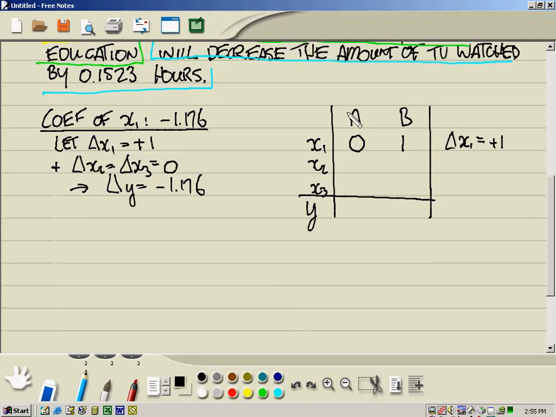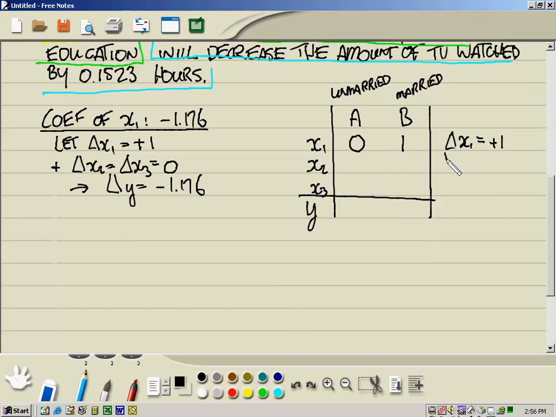Alright, so that means that senior citizen A is unmarried, since this particular dummy variable is 0 if the senior citizen is unmarried, and senior citizen B is married, since x1 is 1 for married.